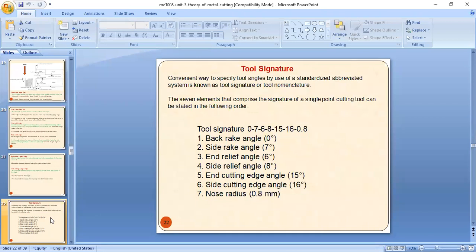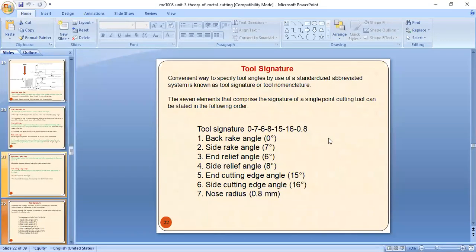The third one is the end relief angle, 6 degrees. The fourth digit is the side relief angle, 8 degrees. You can see those digits also. The end cutting edge angle is 15 degrees, and the side cutting edge angle is 16 degrees.